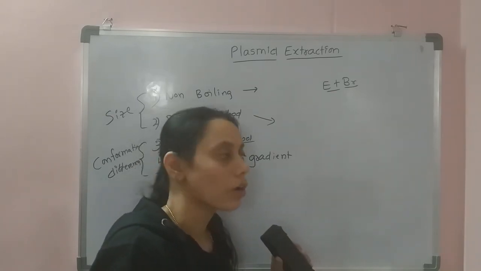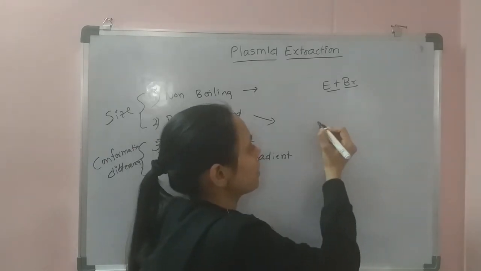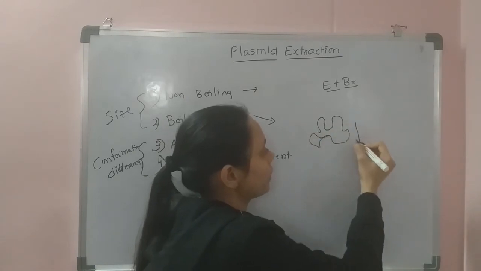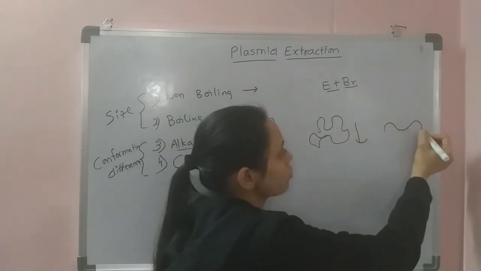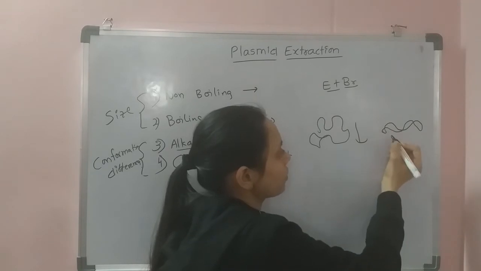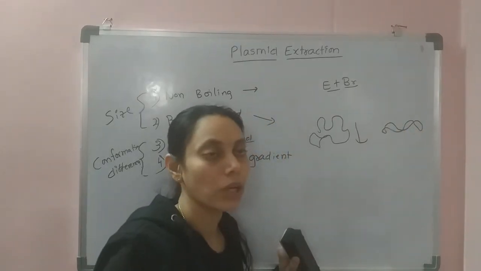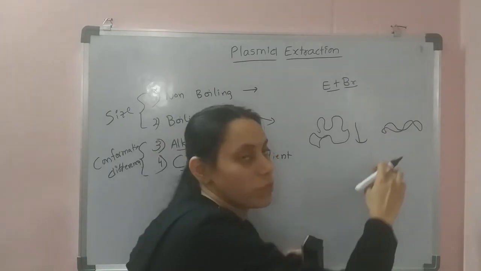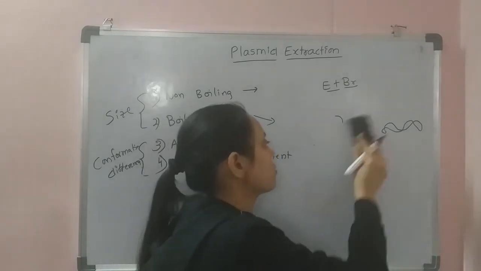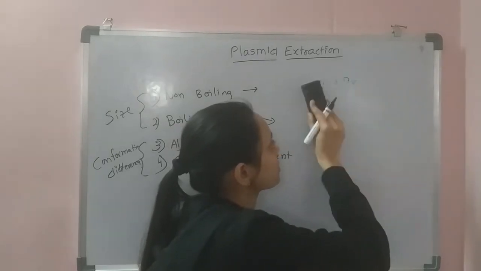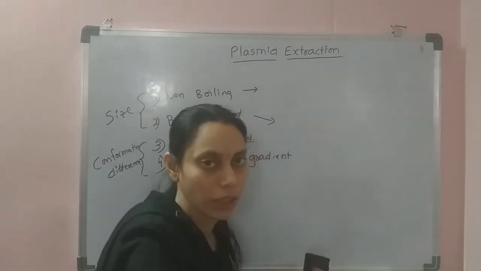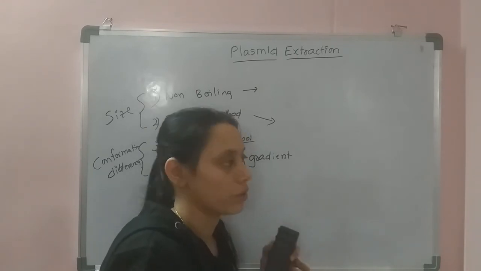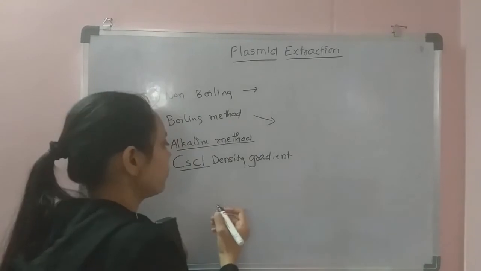So the bond density of the genomic DNA will be completely decreased, but the supercoiled plasmid will not allow the EtBr to incorporate into it, so that the bond density of the plasmid will be maintained. So when the cells are treated with excess EtBr, this EtBr will go and bind between the base pairs.